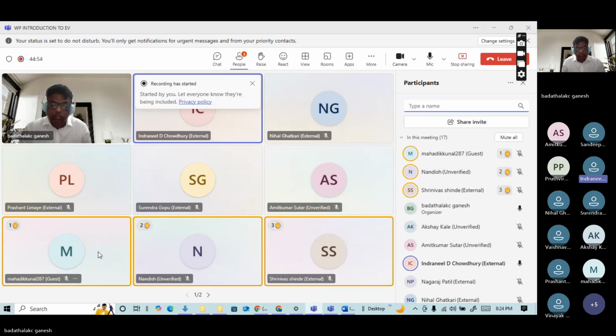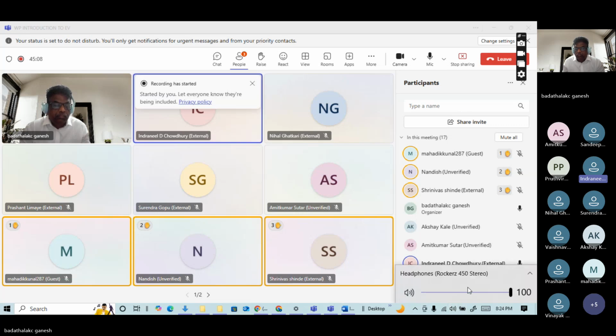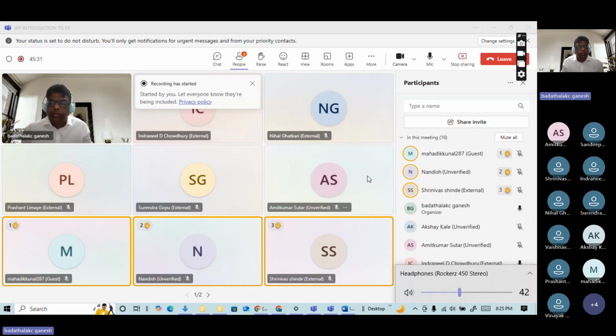Also, compared to the equipment and components in a normal engine vehicle, EVs will be much lighter and less complicated in terms of engineering components. There might be initial teething issues, infrastructure for recharging batteries and all those things, but definitely the future looks to be a greener picture. Yes, okay, sir. Thank you.